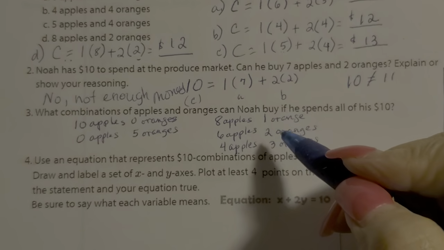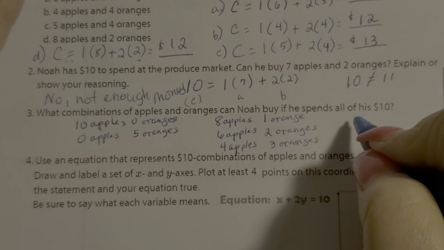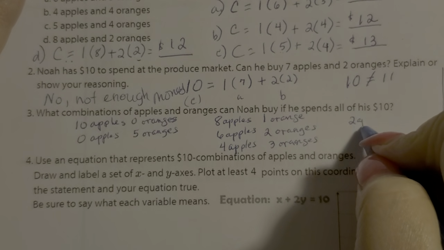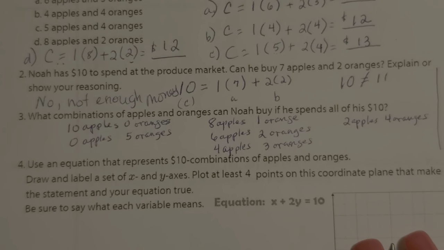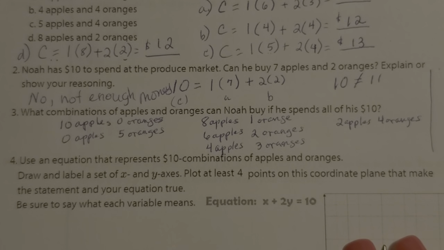And if he gives up 2 more apples and only buys 2 apples, then he can add 1 more orange and buy 4 oranges. And each one of these combinations will allow him to spend all of his $10. So there are 1, 2, 3, 4, 5, 6 different combinations.